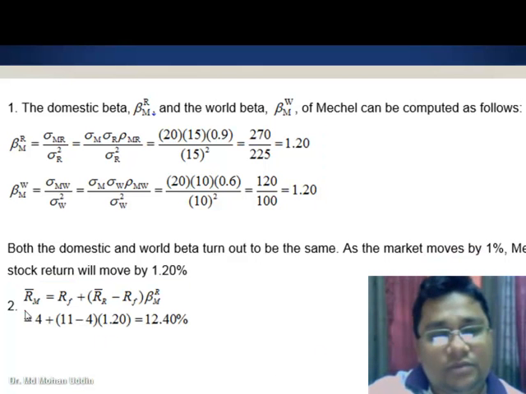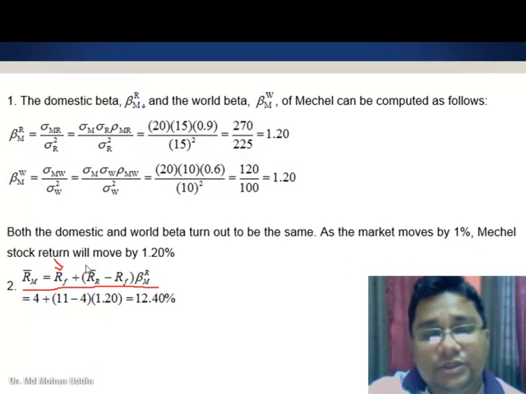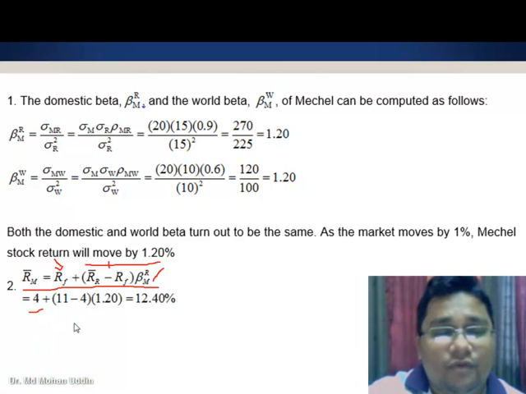So we know that the capital asset pricing model is basically like expected return equals the risk-free rate plus the risk premium. And how do you get the risk premium? We get it by multiplying the beta and the market risk premium. Here the risk-free return is already given, 4%.